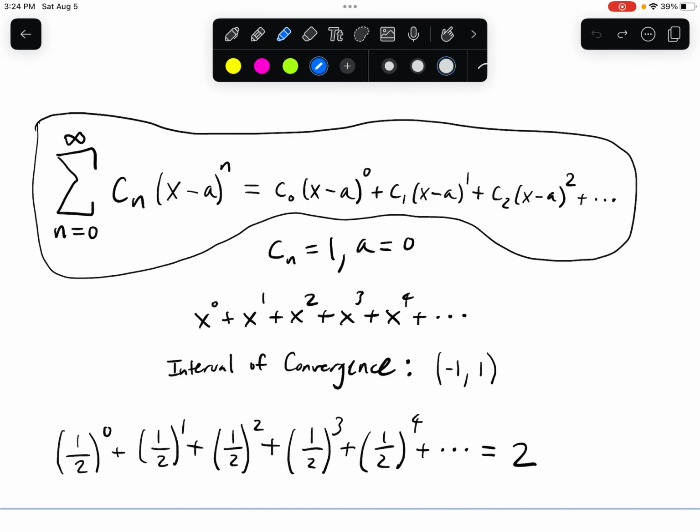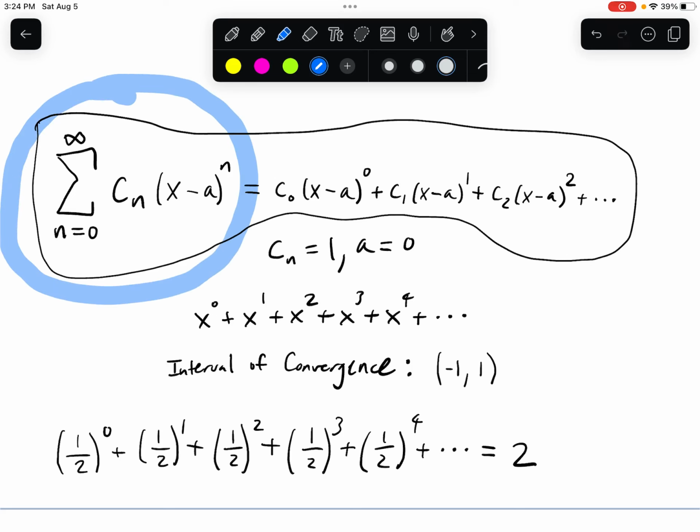Now let's move on to the crux of our video. Why is Pascal's triangle helpful for calculus? Well, in order to understand this, we need to understand power series. So this is the general form of a power series.